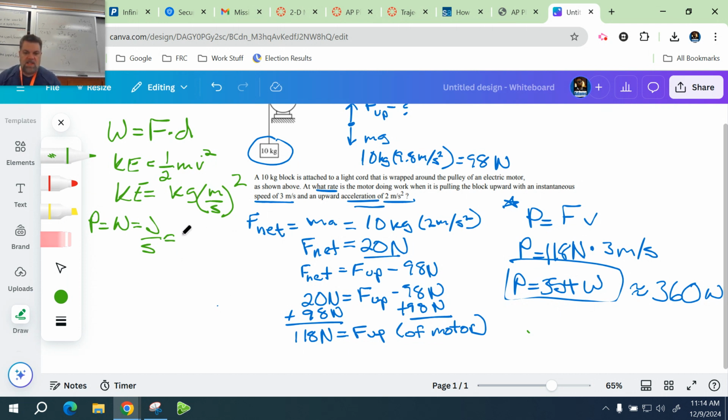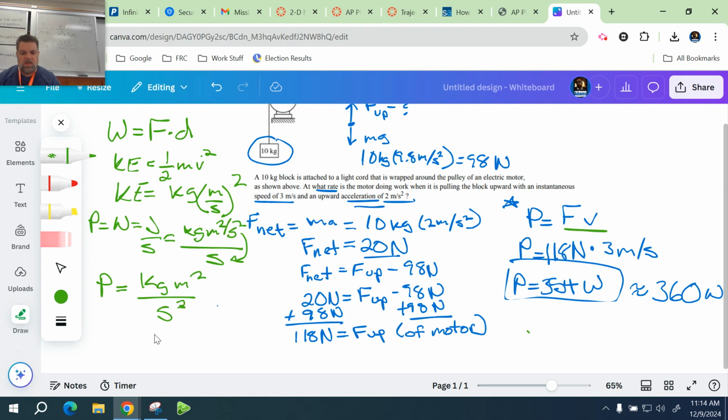So in other words, this top line would be kilogram meters squared per second squared all over seconds. In other words, power, if we do the dimensional analysis, would be kilogram meters squared, right? And then this s squared gets tossed to the bottom, all over seconds cubed.